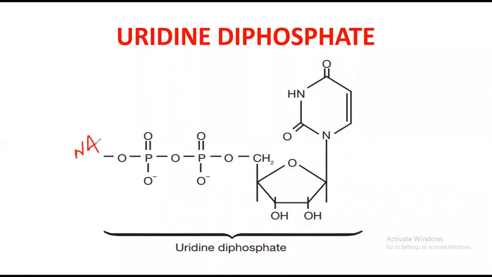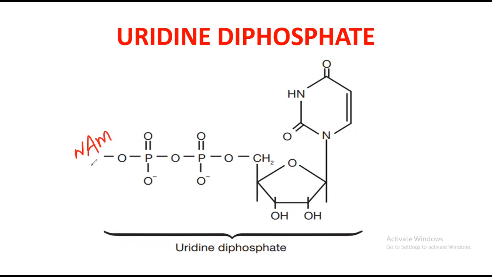Then N-acetylmuramic acid is bonded here. So it shows the N-acetylmuramic acid the pathway, where it should bind and how, and it carries this N-acetylmuramic acid because it cannot travel by its own. So it helps the N-acetylmuramic acid in traveling inside the cell and shows it the right pathway.